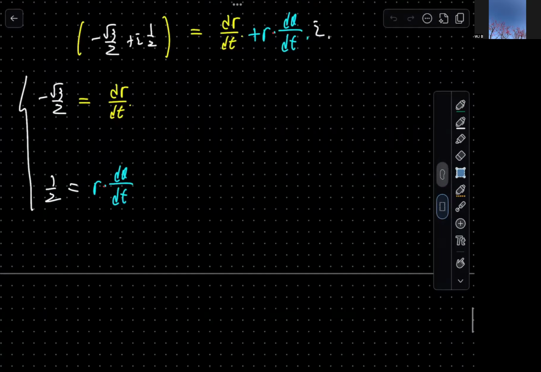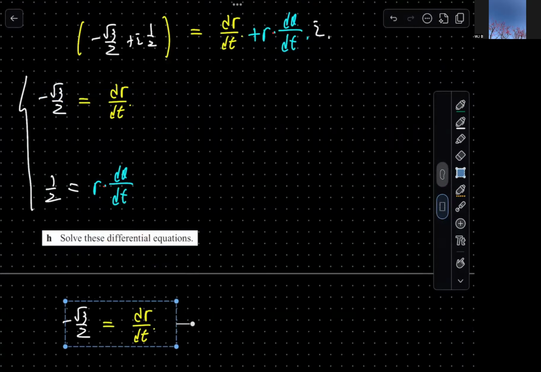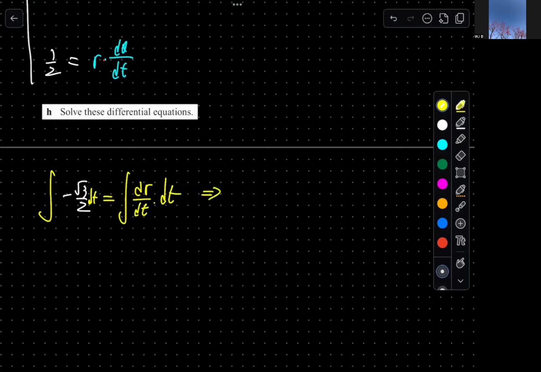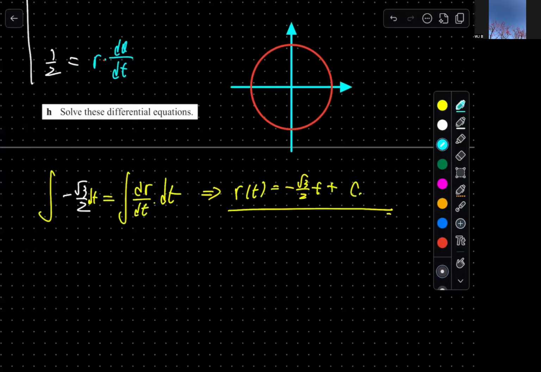The first one will be just integrating with respect to t, which will be enough. Then you have r in terms of t as negative root 3 over 2 t plus c. To find the particular solution, I need an initial condition, right? But remember, we were starting with the equilateral triangle, and the vertex A was at the zero argument.